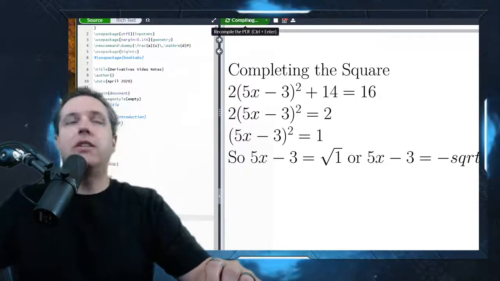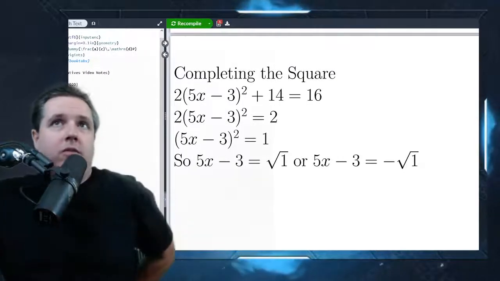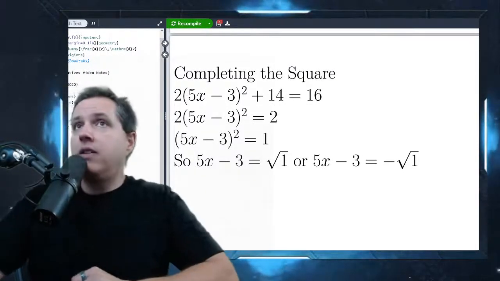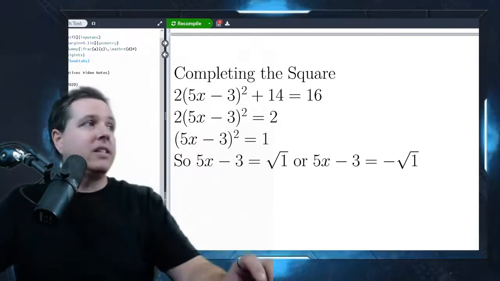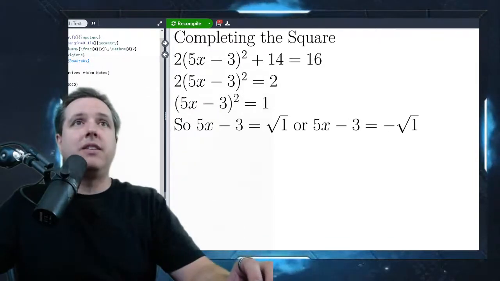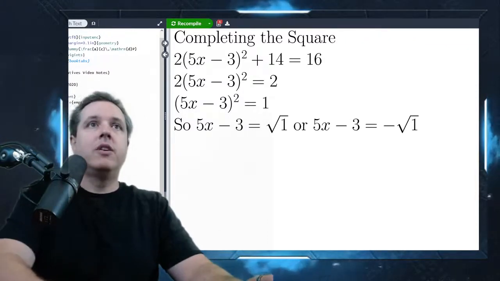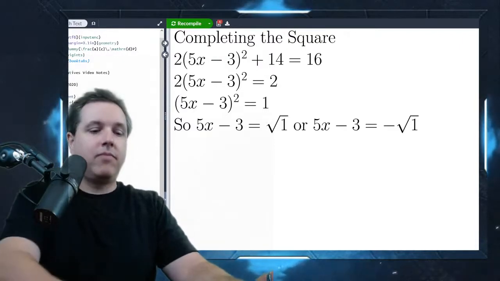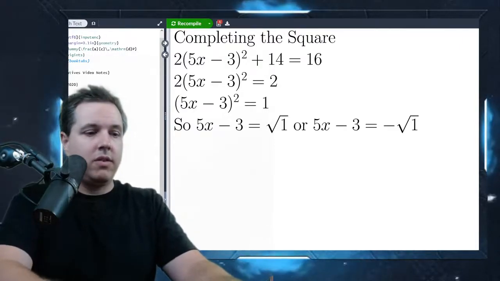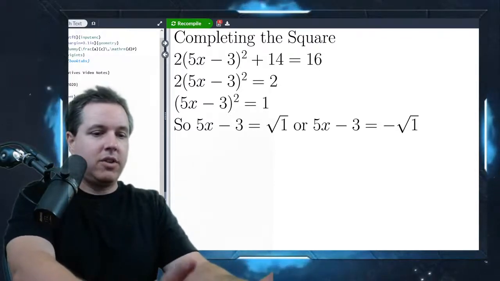Okay, well, the square root of 1 is 1, and the negative square root of 1 is negative 1. So in this case, it's pretty easy to simplify these. So let's take a look here. So that's going to be 5x minus 3 equals 1, or 5x minus 3 equals negative 1.